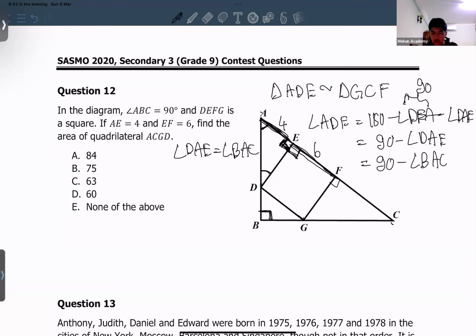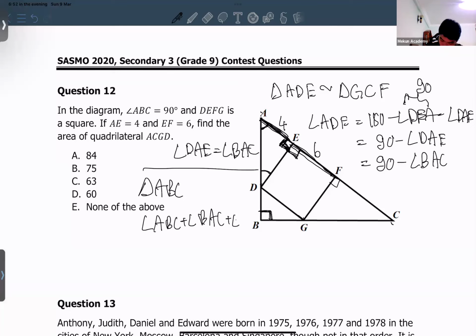But then you can look at triangle ABC. The sum of all angles, angle ABC plus angle BAC plus angle BCA, equals 180.